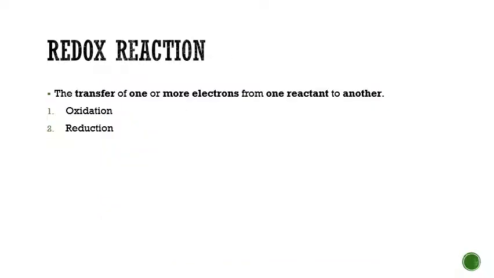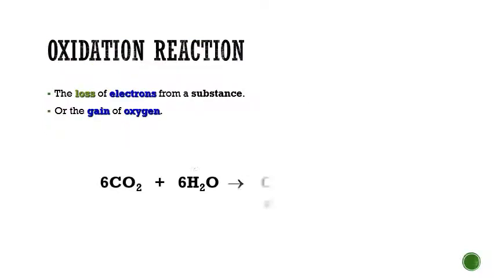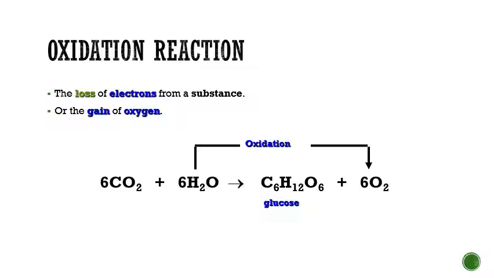Now coming to photosynthesis as a reaction, both oxidation and reduction take place. That's why it is known as a redox reaction. In an oxidation reaction, either the loss of electrons from a substance happens, or a gain of oxygen happens. In this photosynthesis equation, you can see that the water molecules get oxidized to form 6 molecules of oxygen.